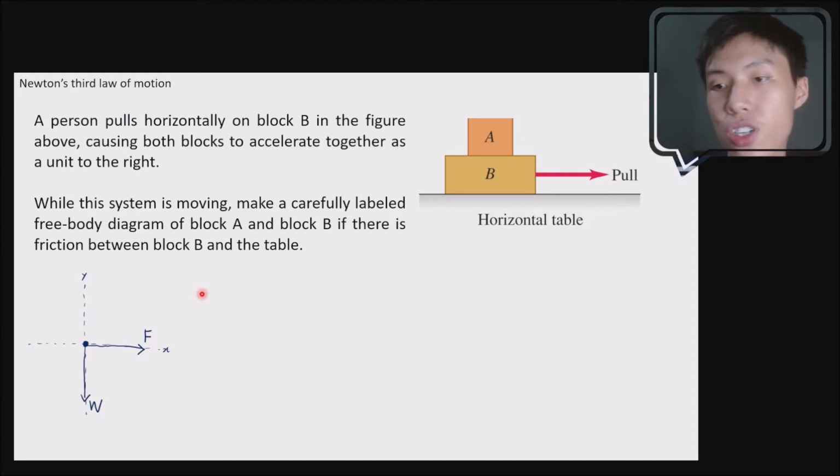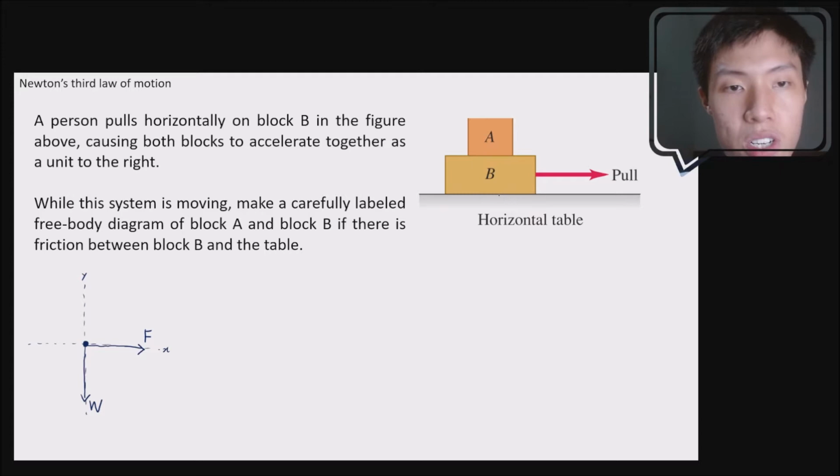Fourth question, is block B touching any surface or not? Yes, it is touching the horizontal table, and at the same time it is also touching object A. So you should expect two normal forces because there are two surfaces in contact for block B. Let's study the first surface in contact, the horizontal table.